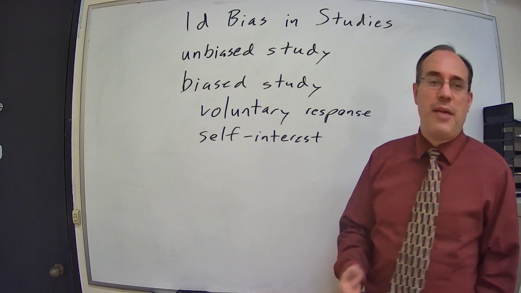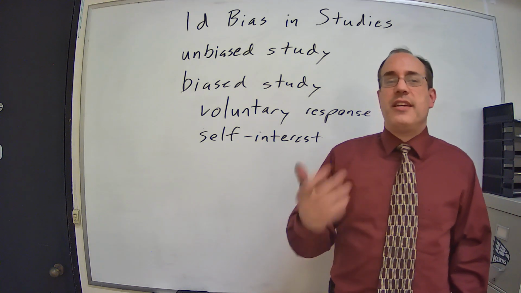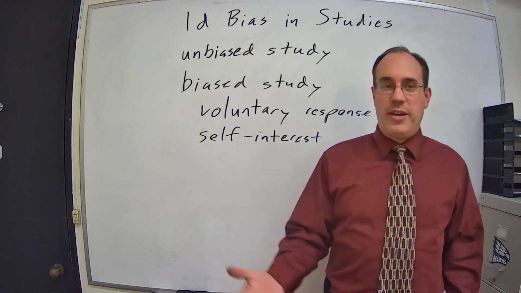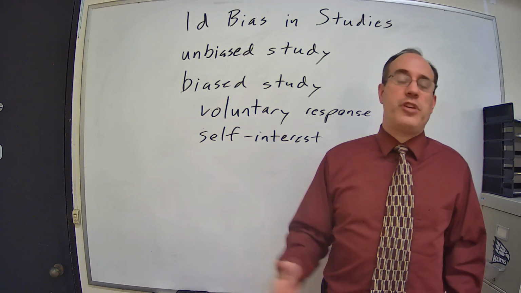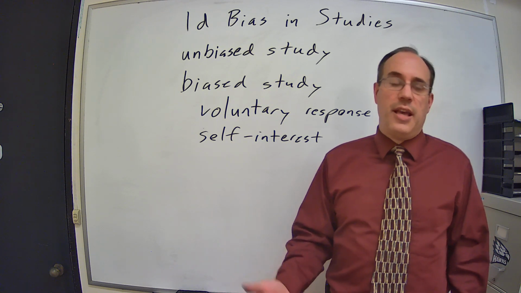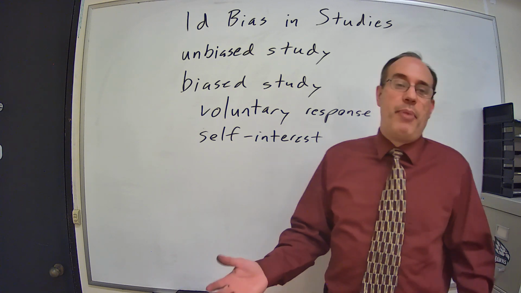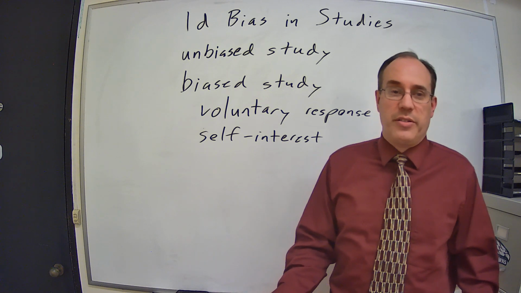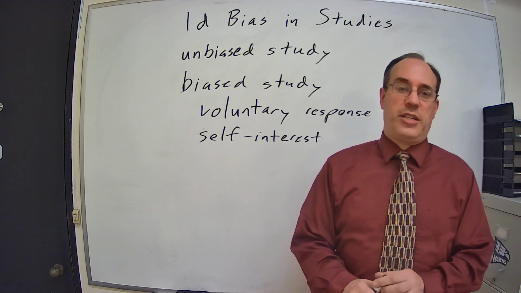This is why you'll sometimes hear of a disinterested third party. You bring in someone whose job is just to do the experiment or to do the study. They don't care what the result is. They get paid the same no matter what the result is. Their job is just to do the experiment or do the study.